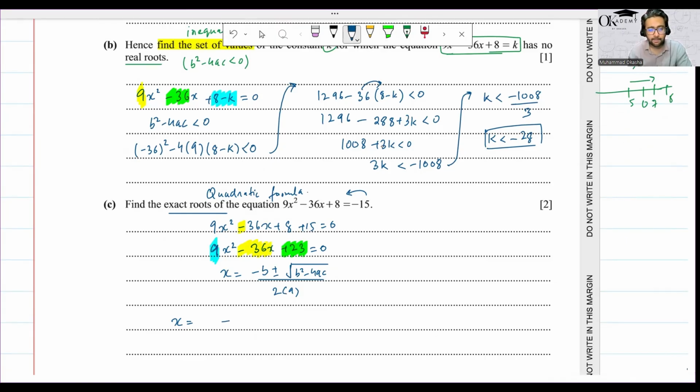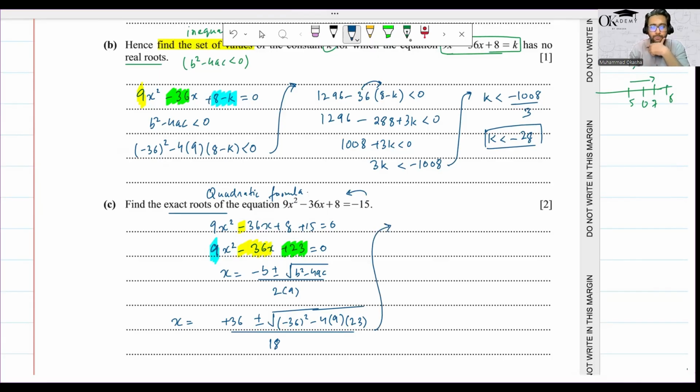So negative b would be positive 36 plus minus b squared would mean negative 36 squared minus 4, a would be 9 and c would be 23. All right, let's do the maths. 2 times 9 would be 18.